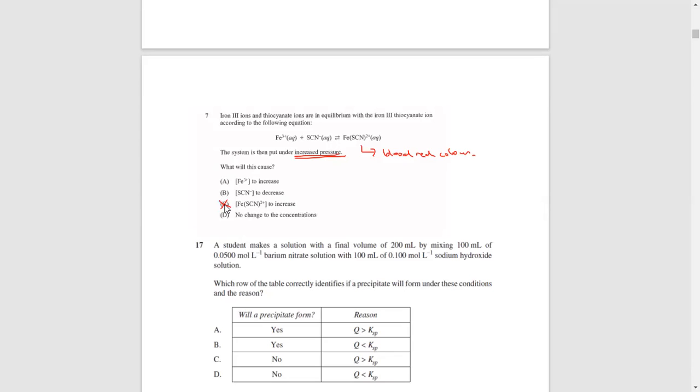And in this case, it's all aqueous solution, so there are no gases. Therefore, pressure doesn't matter, right? So the answer is D, okay? Because you have no gases, and pressure affects gases. Simplistically, pressure affects gases, so if you don't have a gas, then don't worry about it. It's not going to affect anything as far as we're concerned.